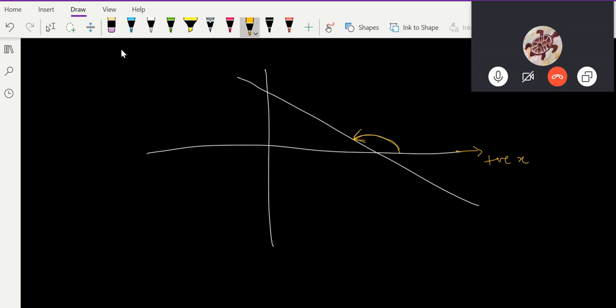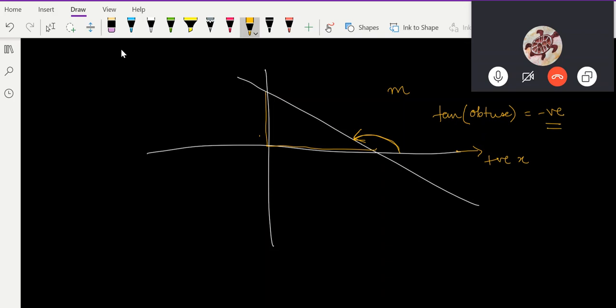So this is an obtuse angle, and the value of m or slope would be this by this, but with a negative sign, because tan of any angle which is obtuse is negative.